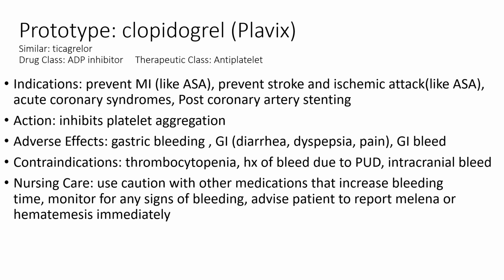If somebody has a significant history of bleeding ulcers or a history of a hemorrhagic stroke, well, you could aggravate those conditions by stopping their platelets from functioning, leading to a bleeding ulcer that's been reactivated.